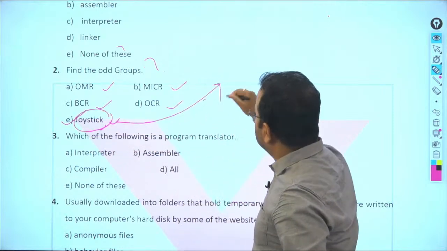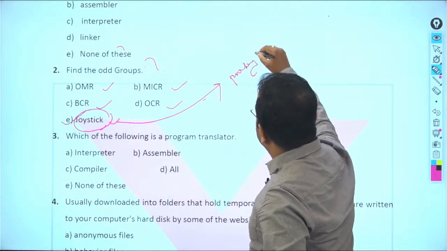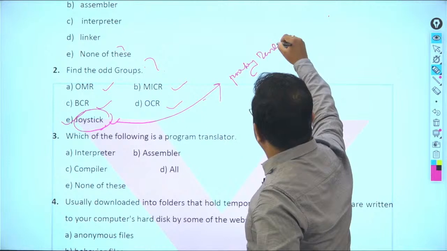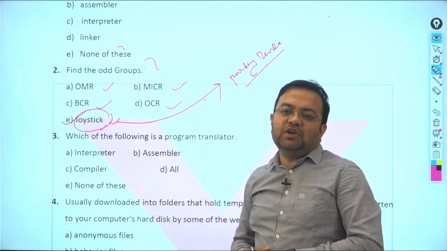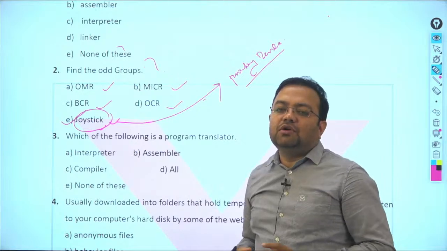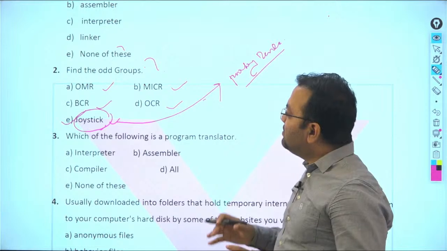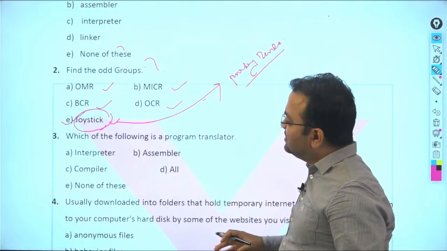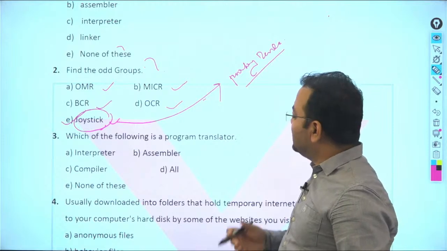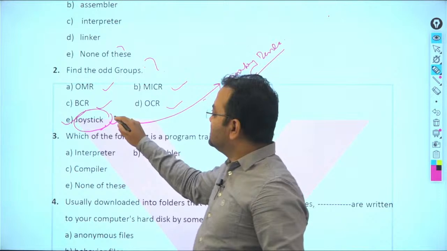So students, remember that joystick is a pointing device, and basically we are using joystick for playing high animation video games. So OMR, MICR, BCR, OCR are one group of scanning automations, and the other option is your pointing device. So question number 2, here the answer is E.